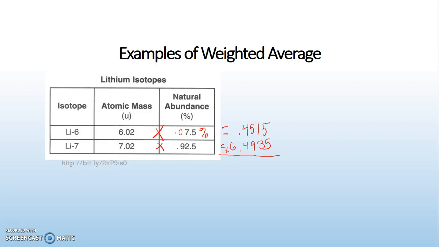So I add those up, and I will get 6.945. This would be the weighted average of lithium. What that did was make it very close to 7. And we can do a little self-check and say, is that appropriate? Well, yes. If 92.5% of the time you have 7, then my weighted average should be very close to 7. This pulls it down just a tad.